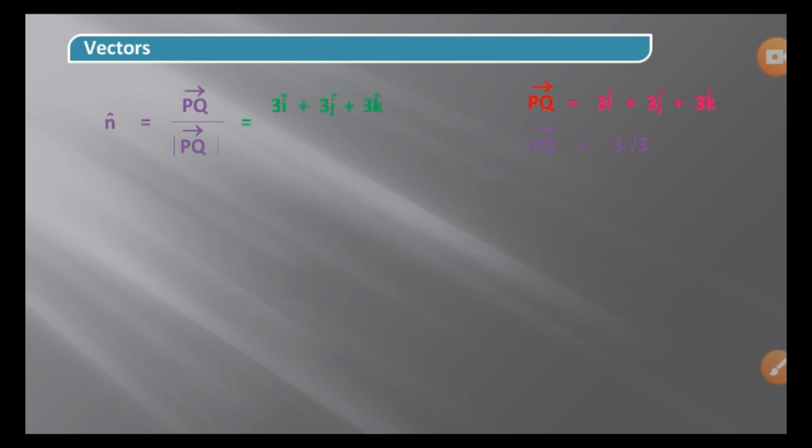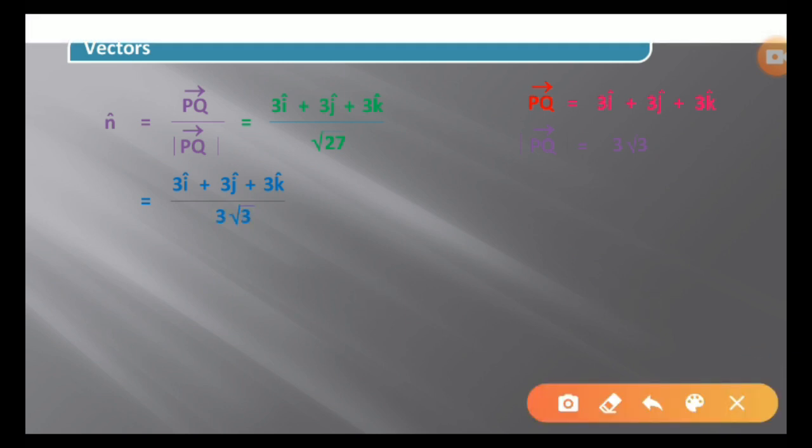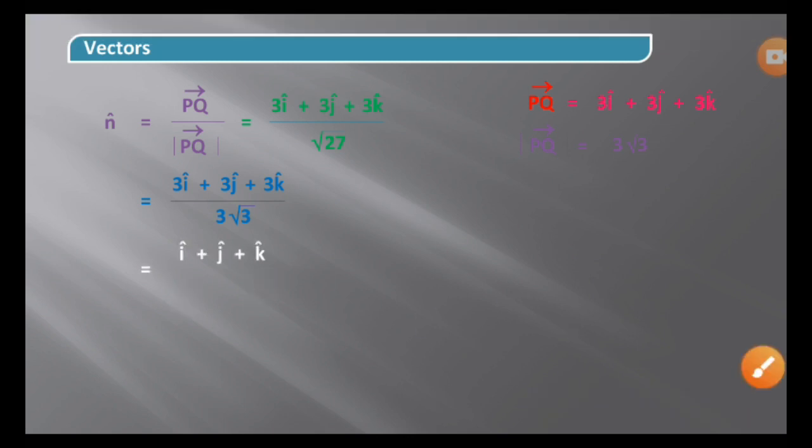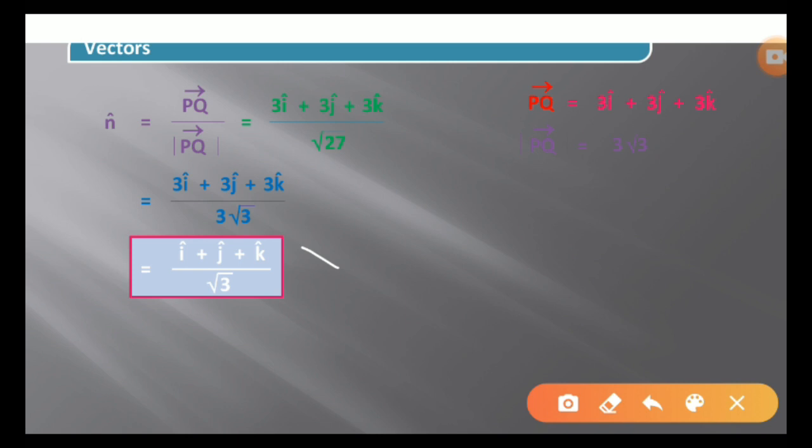Therefore we will have 3i plus 3j plus 3k divided by 3 into square root of 3. Now we take 3 common from the numerator and also 3 common from the denominator, and after cancellation we will have i plus j plus k divided by square root of 3.